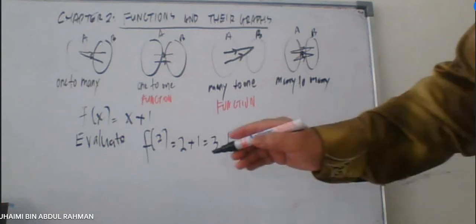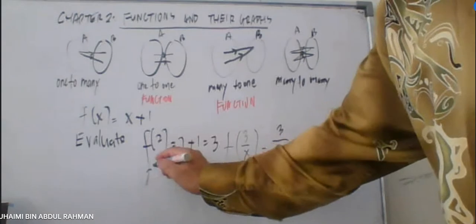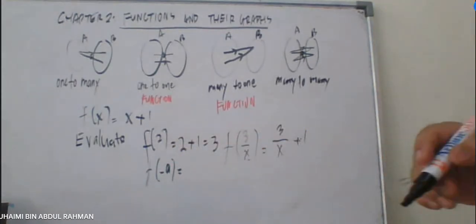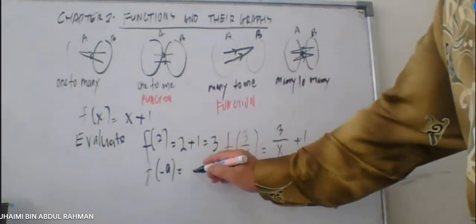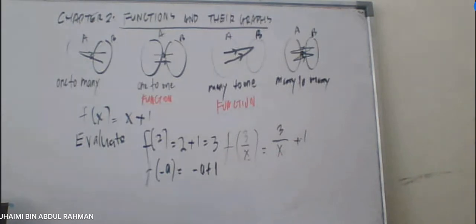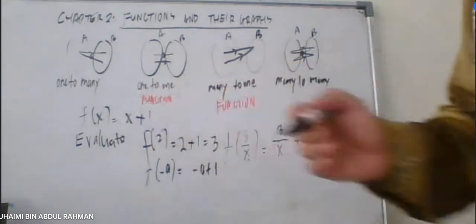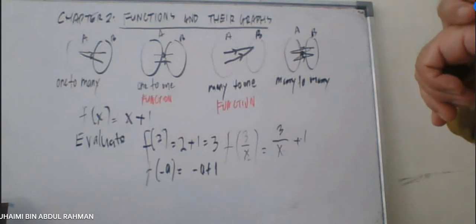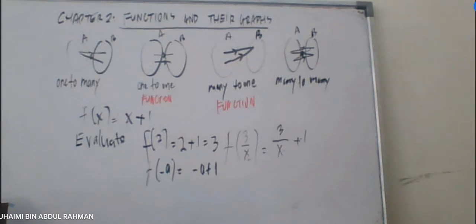Similarly, for the case of f(-a), you substitute with minus a plus 1. You substitute in the place of x with minus a, and then minus a plus 1.